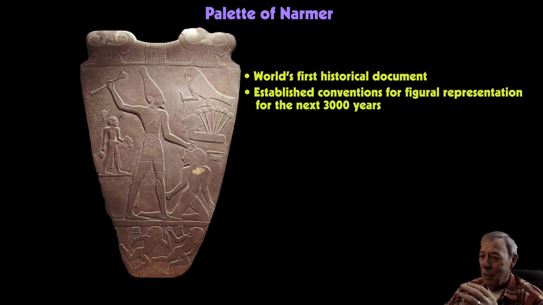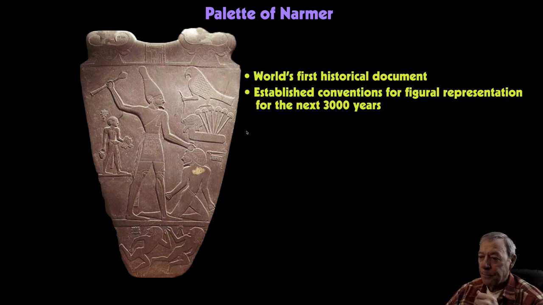Next 3,000 years for the most part, every artist is going to follow his conventions, whoever it was. And we never know because Egyptian artists never signed their names to anything they ever made because they were always just artisans in the service of a patron deity or royal pharaoh or whatever, or noblemen, so they never signed their names. They weren't important.